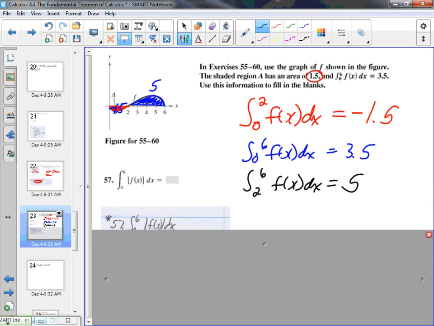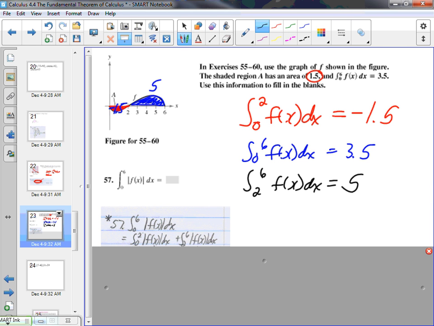So let's rewrite this as the integral from 0 to 2 of the absolute value of f of x dx plus the integral from 2 to 6 of the absolute value of f of x dx. I can make it into as many different definite integrals as I want, using as many different limits of integration as I want, as long as when you put them all together, it gives you from 0 to 6, right?